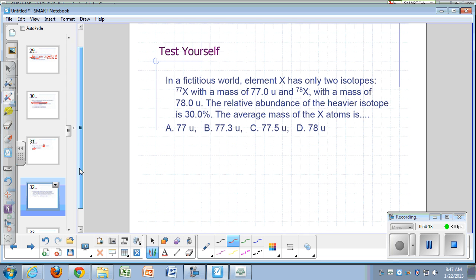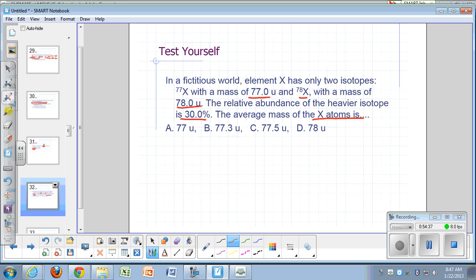Okay, here, a little critical thinking involved. In a fictitious world, element X has only two isotopes, X-77, which has a mass of 77, and X-78, which has a mass of 78.0 atomic mass units. And the relative abundance of the heavier isotope is 30%, and so what's the average mass of X atoms?